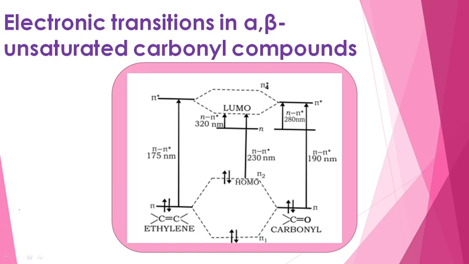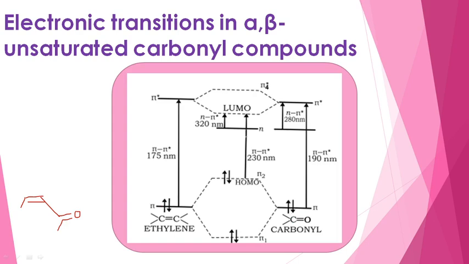So, an alpha beta unsaturated carbonyl compound means, now this is an alpha beta unsaturated carbonyl compound which consists of an ethylenic double bond as well as a carbonyl bond. So, in the ethylenic double bond we are having pi electrons. In the carbonyl double bond also we are having pi electrons.